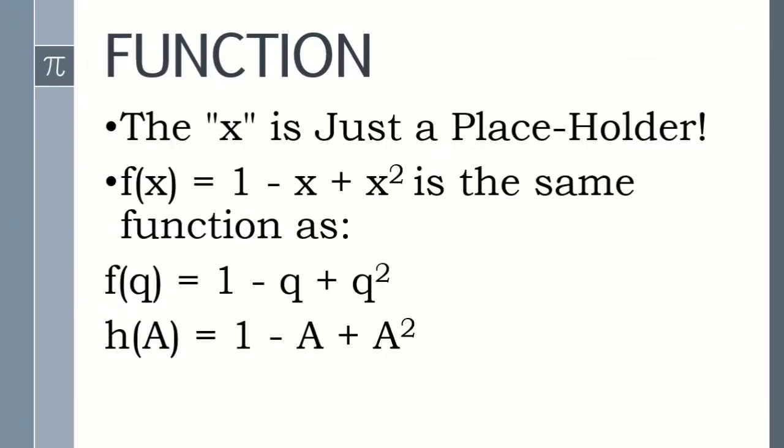Let us remember that the x is just a placeholder. f of x equals 1 minus x plus x squared is the same function as f of q equals 1 minus q plus q squared, and h of a equals 1 minus a plus a squared. So the variable x, q, a is just there, so we will know where to put the values.